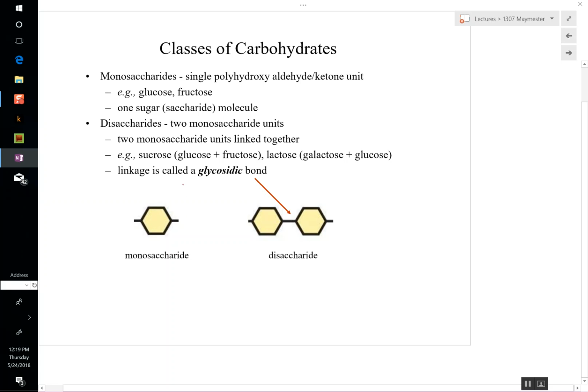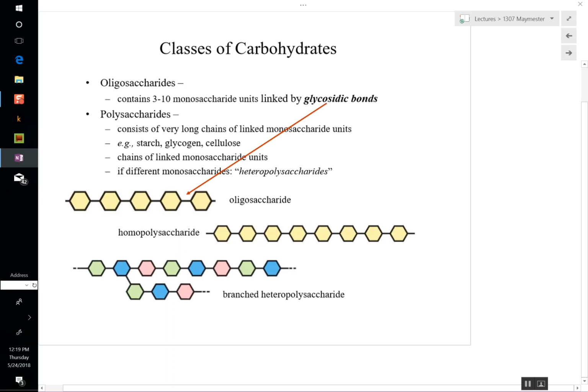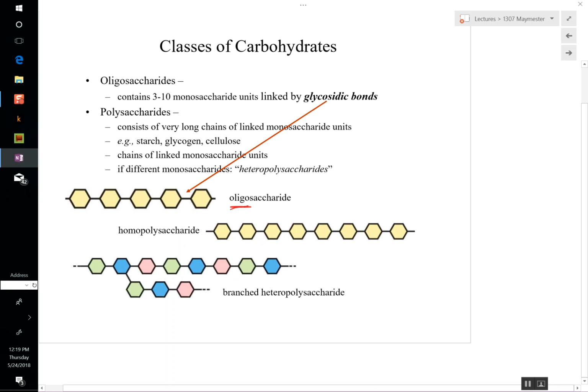Here is a disaccharide, so 2 monosaccharides attached to each other. Okay, I want to introduce you to a new prefix here, oligo. Oligo is kind of between a disaccharide and many. It'll be used even with proteins and other things.